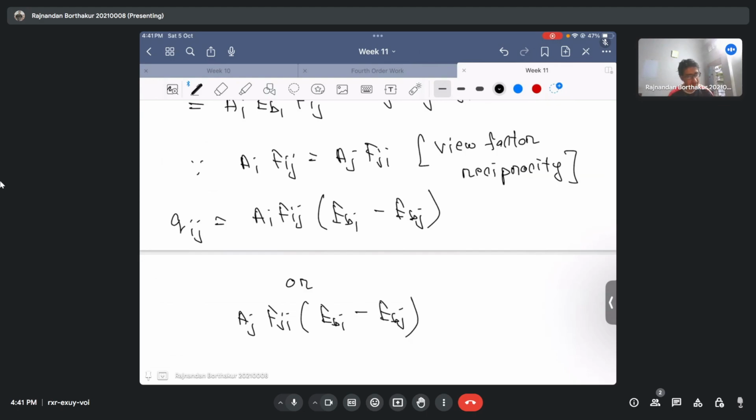Both are exactly the same, because of the view factor reciprocity relation. So you need to understand this.